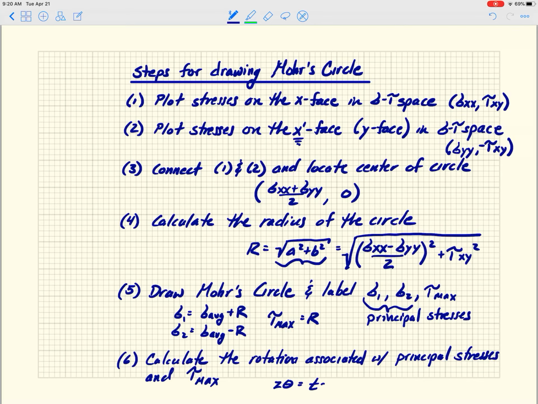And it's basically this: 2 theta equals the inverse tangent of opposite over adjacent. Now let me clean that up a little bit.